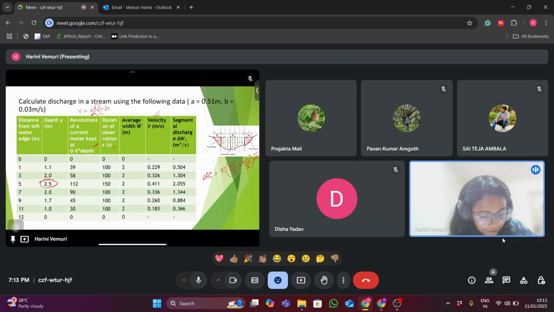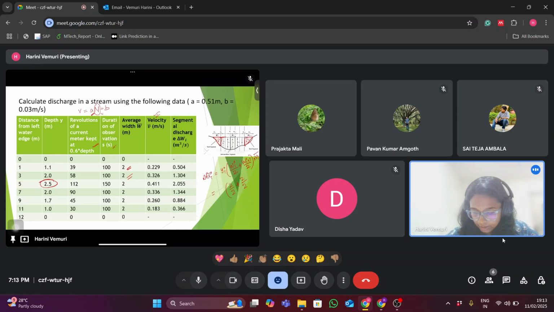So for the second section, Wi is 2 meters, so 2 by 2 plus Wi plus 1 is also 2, by 2.